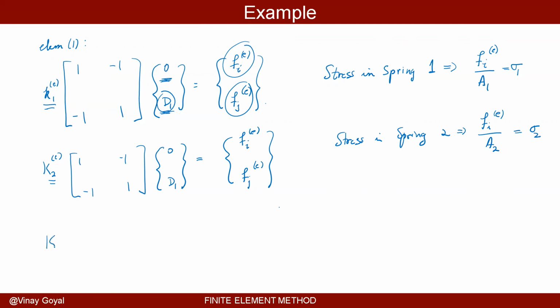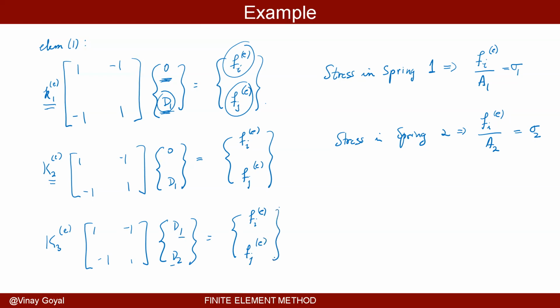And then we have to do it for spring 3, right? Correct. Now the displacements here are from the active nodes D1 and D2, and I know these ones because I solved for them earlier, for the load of P equals 1.